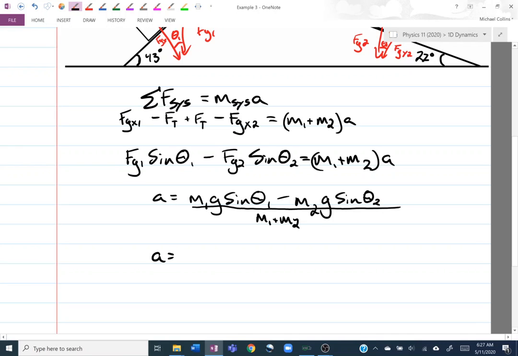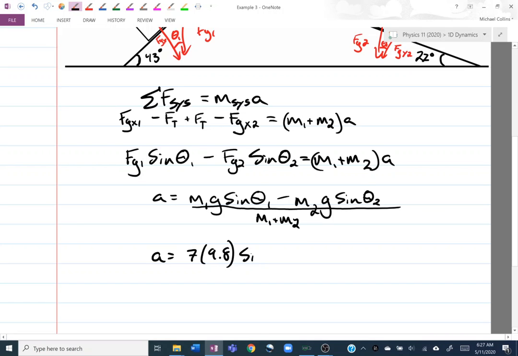If we substitute some values in, I get 7 times 9.8 times the sine of 43 minus 10 times 9.8 times the sine of 22, all divided by 7 plus 10.